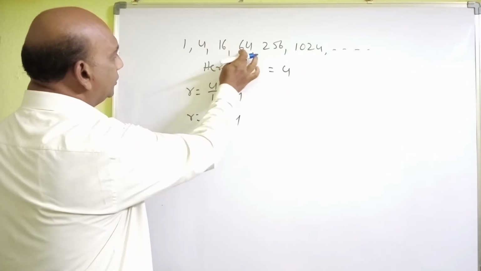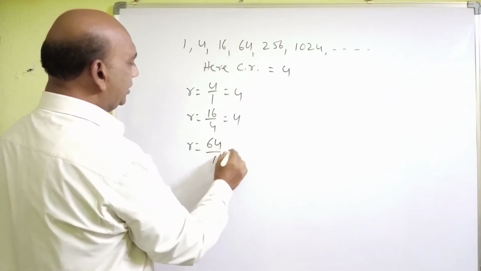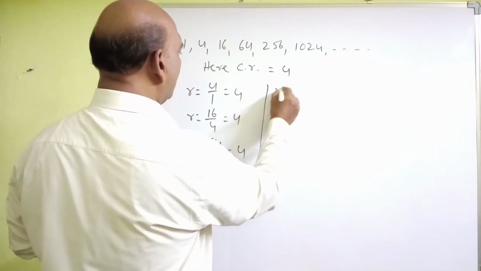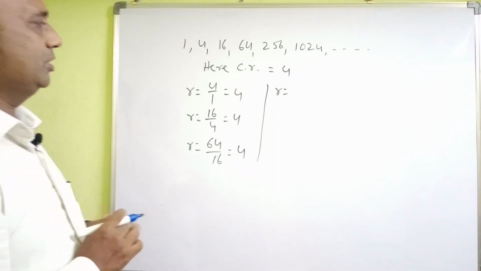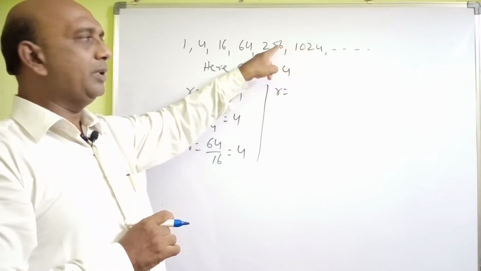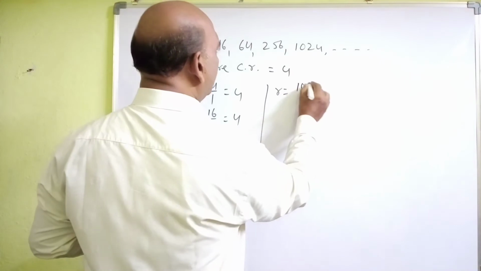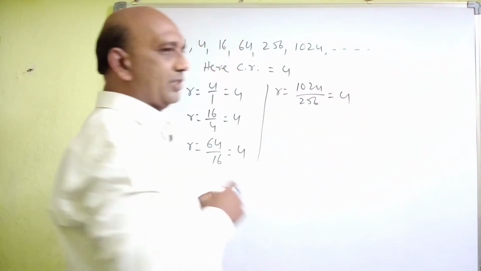Or fourth term divided by third term, that is 64 by 16, that is also equal to 4. Like that, you can find the common ratio anywhere in this progression. Suppose you take the sixth term divided by the fifth term, that is 1024 by 256. By cancellation you will get 4.